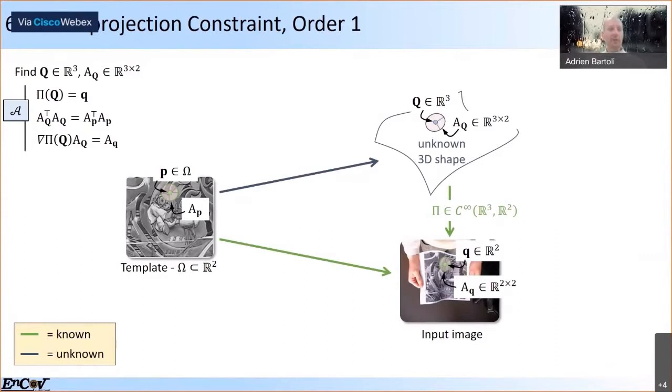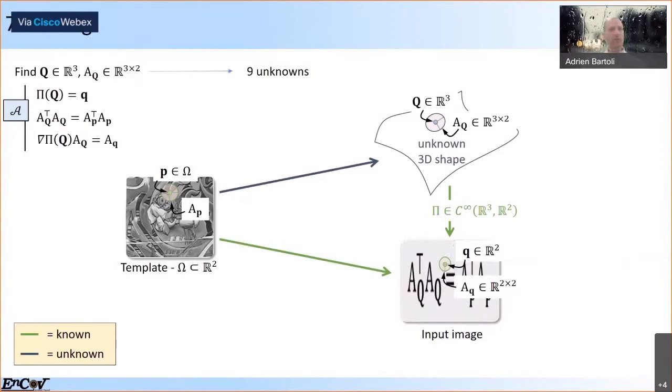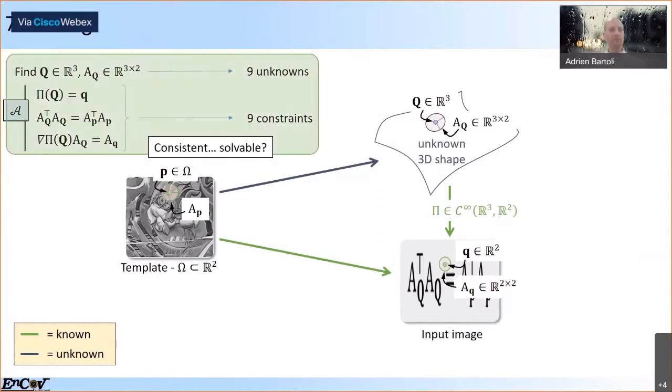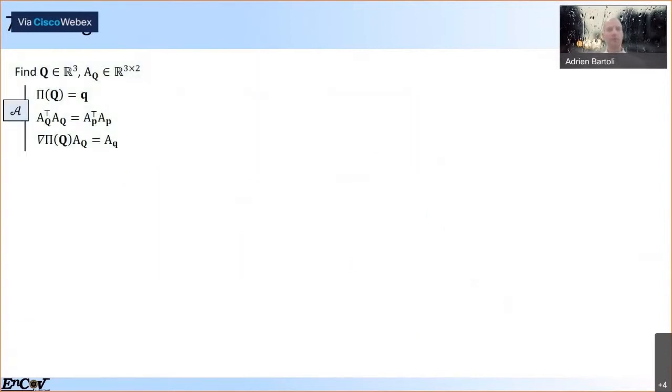And it's basically dependent on the first order derivative of the camera operator, which we can trivially compute because the camera is known. But the good news once we have this is we still have 9 unknowns, but now we also have 9 constraints if we add up all of them. So the system is consistent. It has nine unknowns, 9 constraints, and we can really wonder whether it's solvable uniquely.